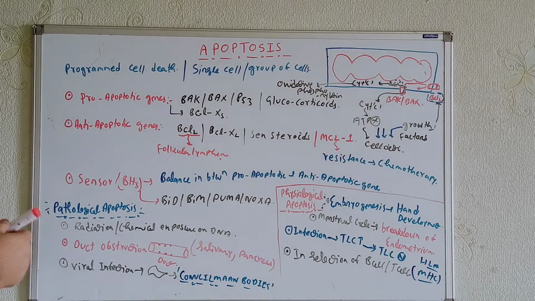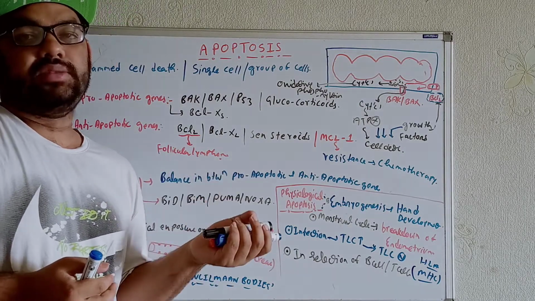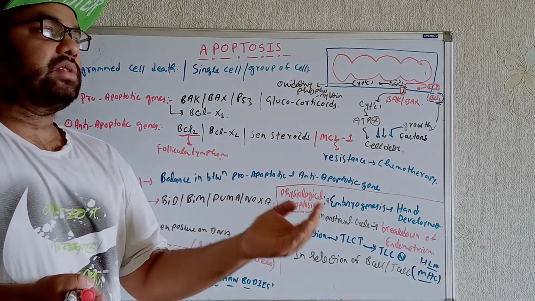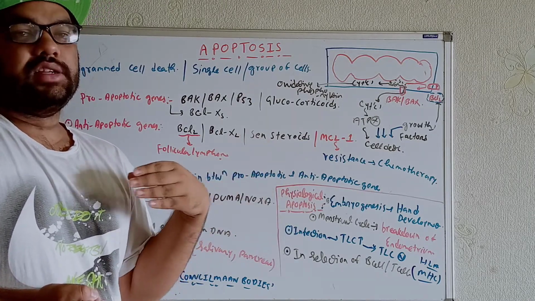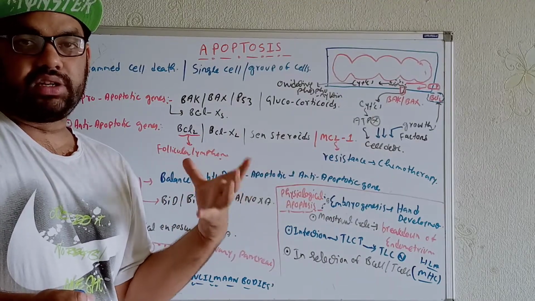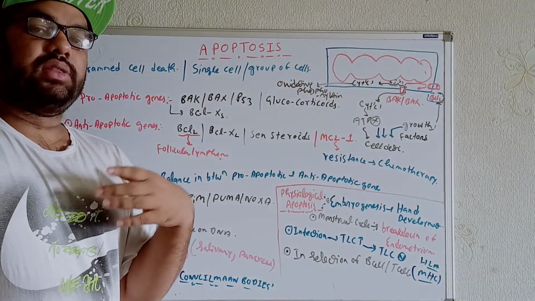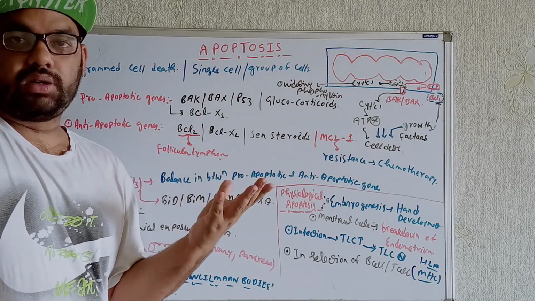Now we can also see pathological apoptosis in tissue or organ transplants. For example, whenever we use an organ from another individual for the recipient, the recipient's immune cells will think of it as a foreign body. At that time they will cause apoptosis of the particular organs.